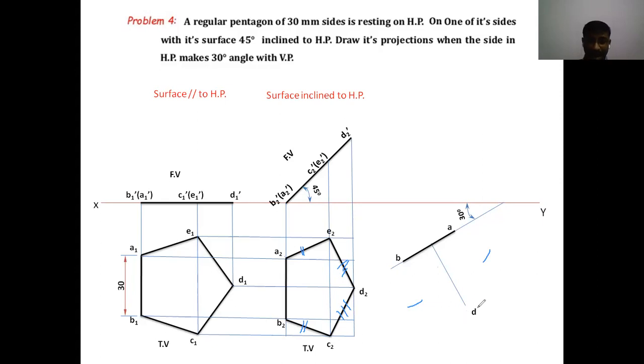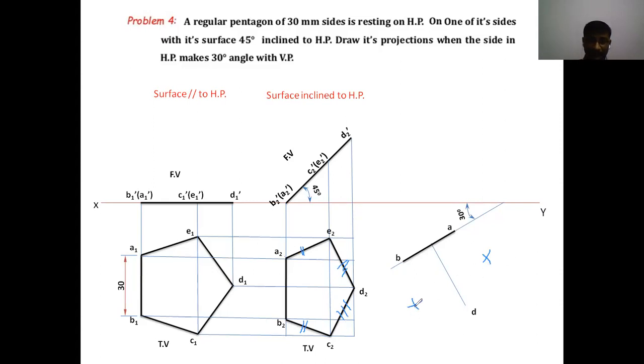Then take D as a center, with a radius equal to D2 E2 or D2 C2. With the D center, take this distance as a radius and draw other arcs like this. We will get two arcs on both sides.